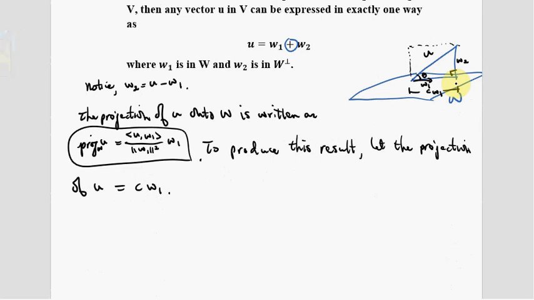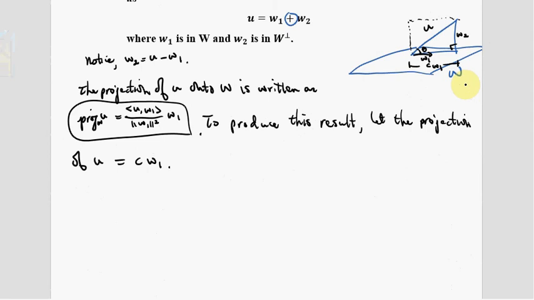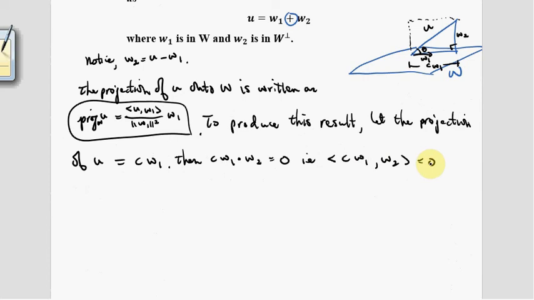Now, if that be the case, then C times W sub 1 dot product with W sub 2 is equal to 0, because W sub 1 and W sub 2 are perpendicular, so the dot product is equal to 0. Two vectors that are orthogonal, their inner product is 0. That's the same thing as saying C times W sub 1 comma W sub 2. That's the inner product, same thing.